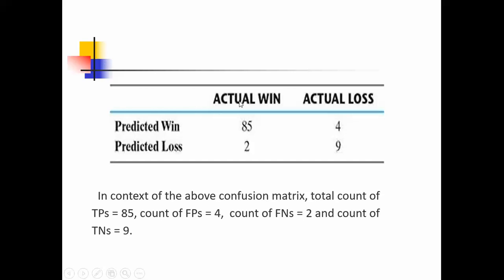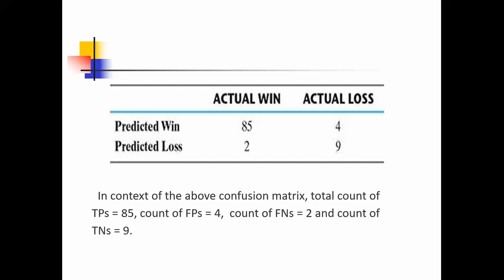Actual you are going to compare with predicted. If both are the same, it's a true positive. If both are negative, it comes under true negatives. Here actually it is negative but it is predicted as positive. That means actually it is loss but it is predicted as win, so it comes under false positives.